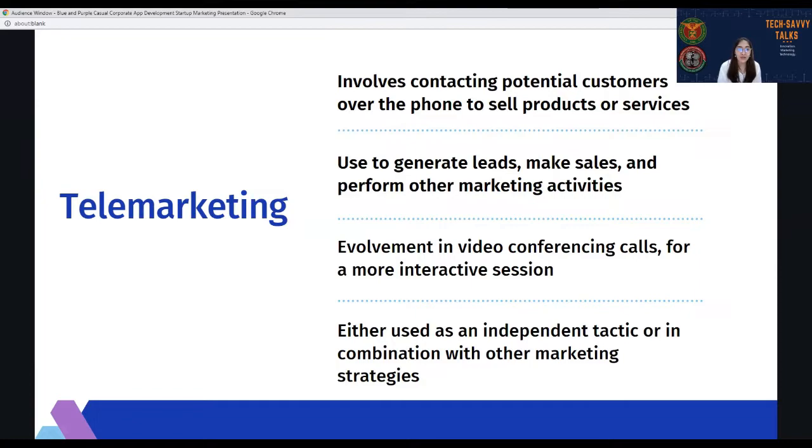Formerly, it meant only calling prospects to sell their products or services. But nowadays, it has evolved with video conferencing calls between the salesperson and a potential or existing customer. So more interaction, and that is more interactive session na tinatawag. Okay? And also, it is used as an independent tactic or in combination with other marketing strategies to help organizations achieve their sales target.